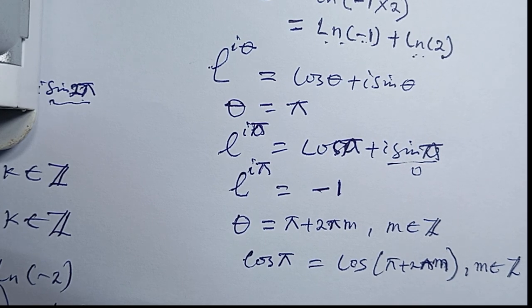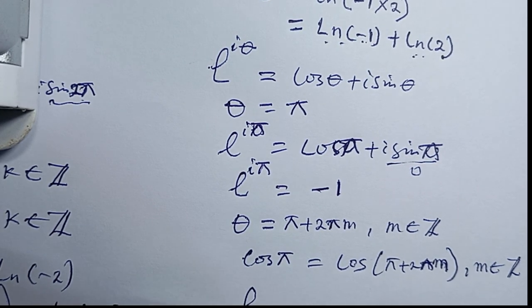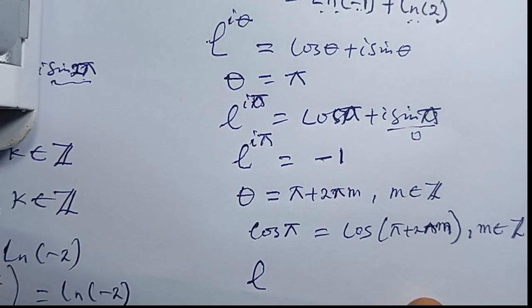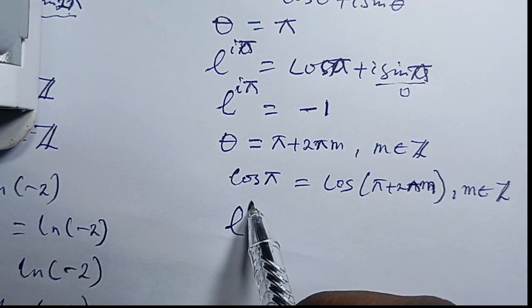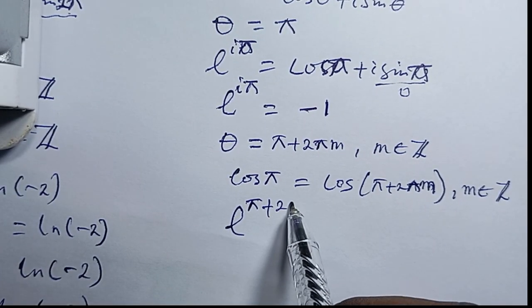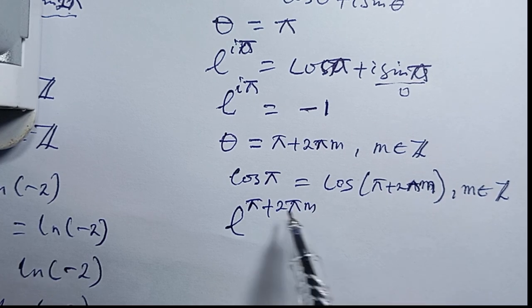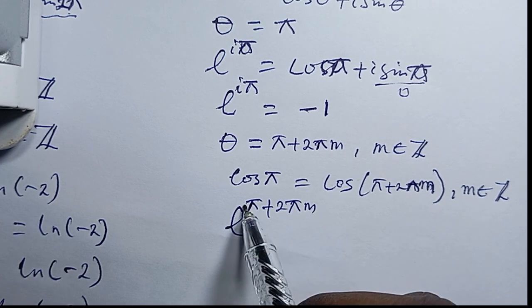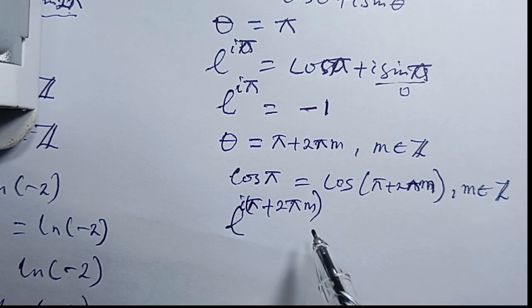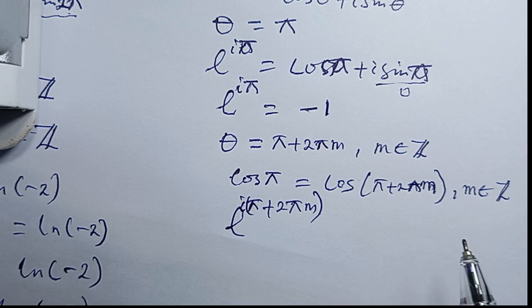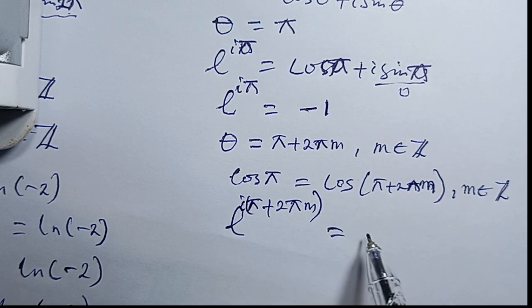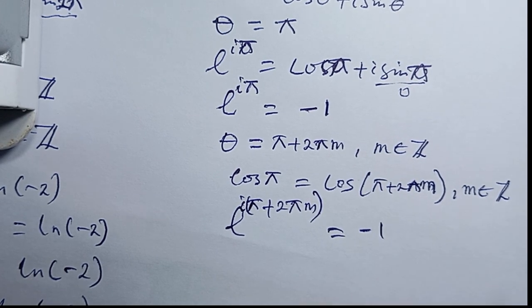So in general we're going to be replacing this negative 1 with e to the i times pi plus 2 pi m, and of course we see that this is going to be equal to negative 1.